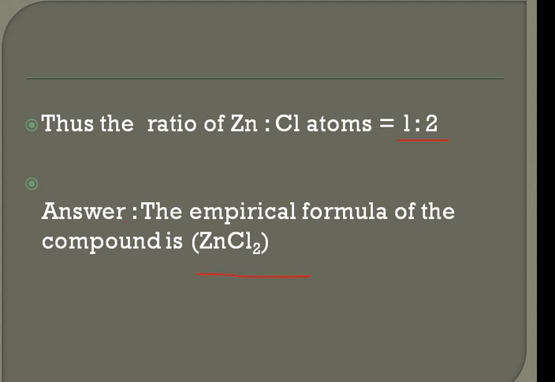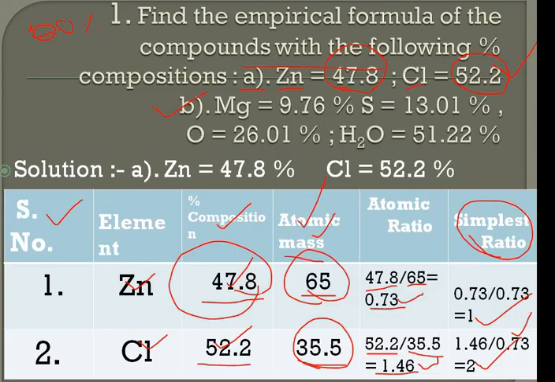Now keep one thing in mind: when attempting any numerical, each step has marks in your paper. For example, if you skip any step in the exam, that step's marks will be deducted from your answer. Please keep this in mind. It is compulsory to make this table like this.